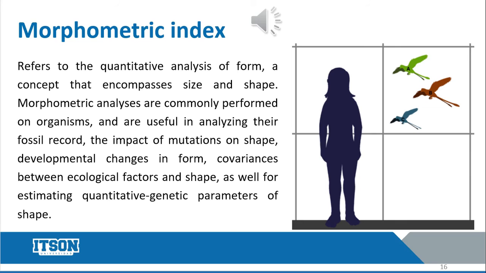They are used to study the impact of mutation on shape, developmental changes in form, covariances between ecological factors and shape, as well as for estimating quantitative genetic parameters of shape.